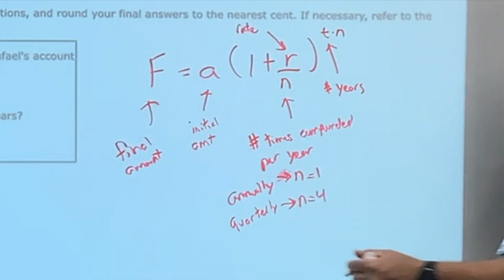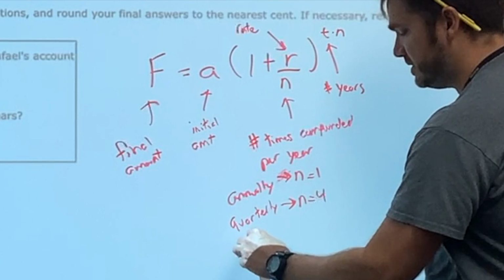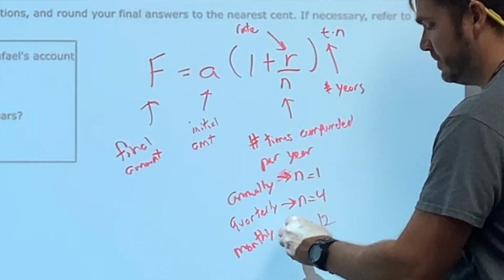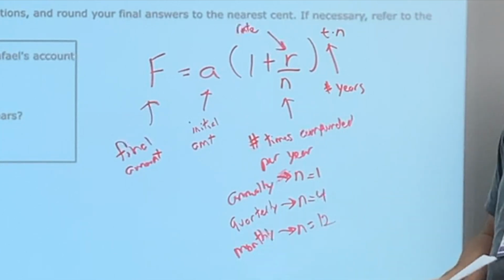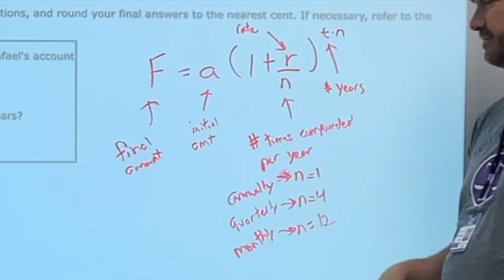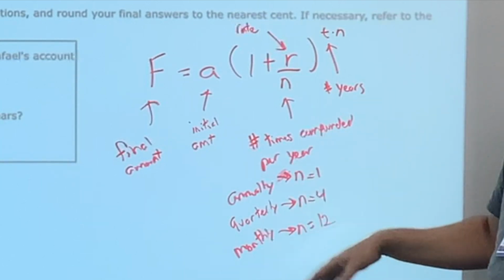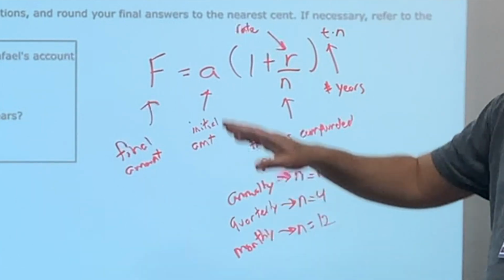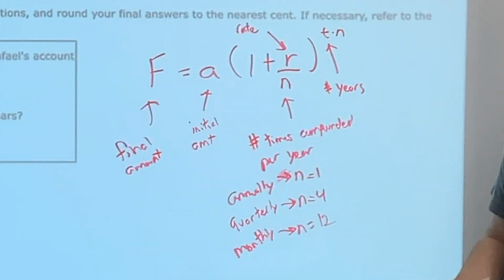So n would equal 4. If it's compounded monthly, you guessed it, n would equal 12. Sometimes things are compounded semi-annually, never really daily or anything. Those are pretty much the normal time periods.